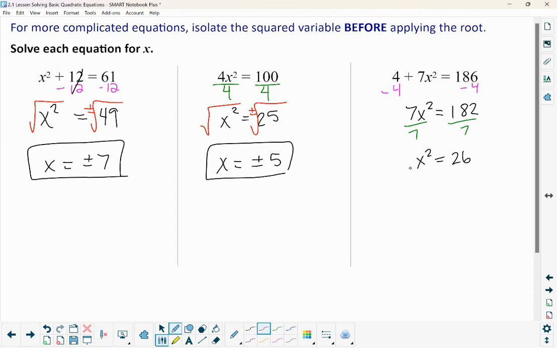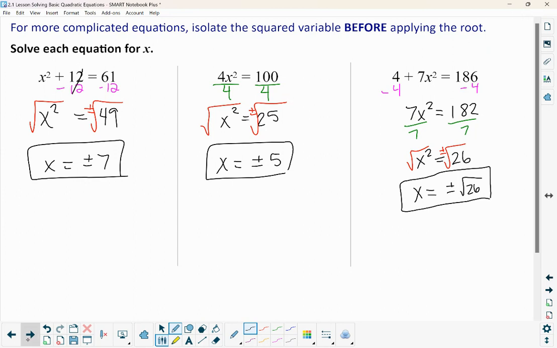And now we apply the square root to both sides to undo the power of 2. We'll insert that plus or minus symbol, and we get that x is equal to, and the square root of 26 does not simplify, so that is our answer, plus or minus the square root of 26. And again, we don't want a decimal here. We want to just keep that exact.